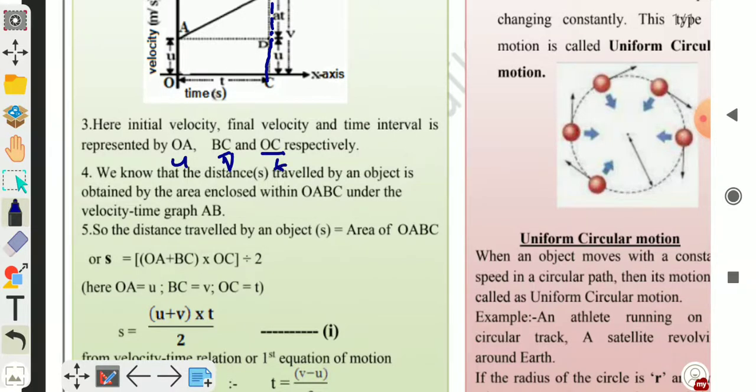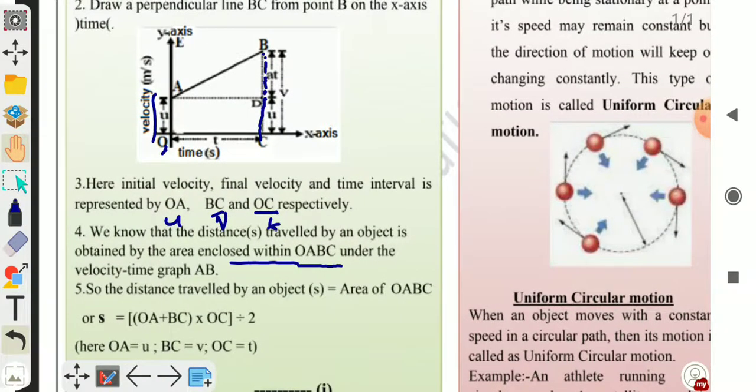We know that the distance travelled by an object is obtained by the area enclosed within. So the area of OABC is the distance travelled by the object.